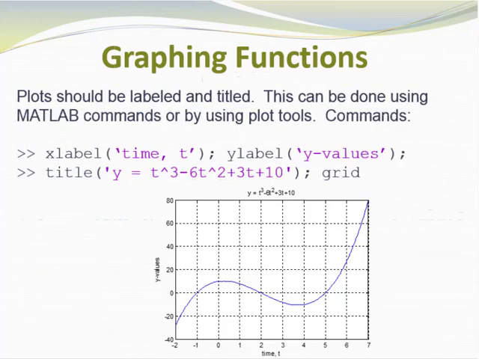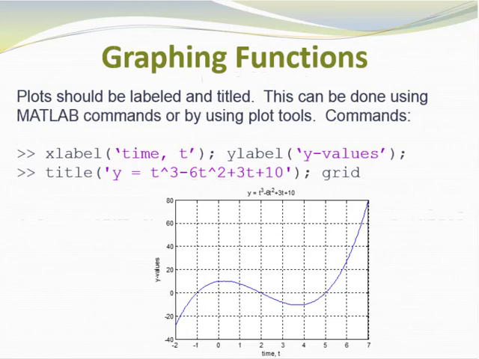When you're graphing functions, you want to get in the habit of labeling the x-axis, the y-axis, and adding a title so you know what it is you're looking at. How do you label the x-axis? Very easy. I use the command xlabel, and then in parentheses I put a string that I want to appear in the label.